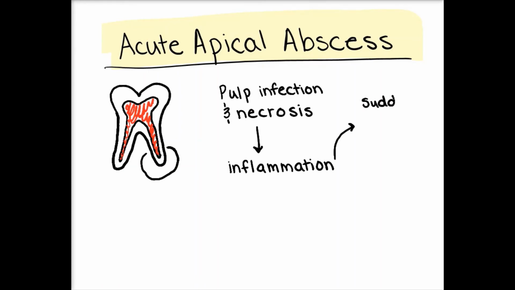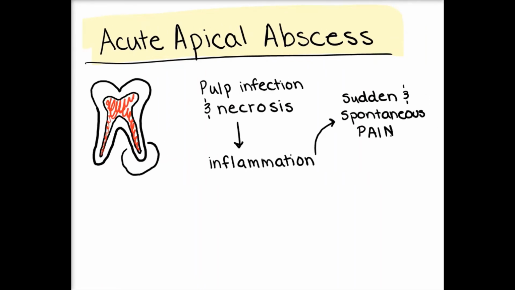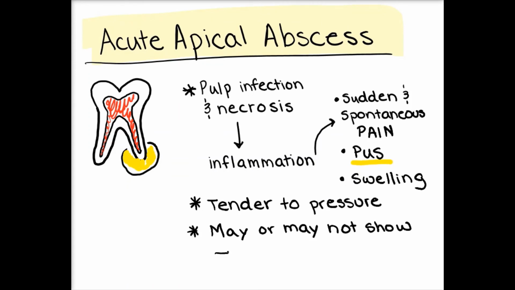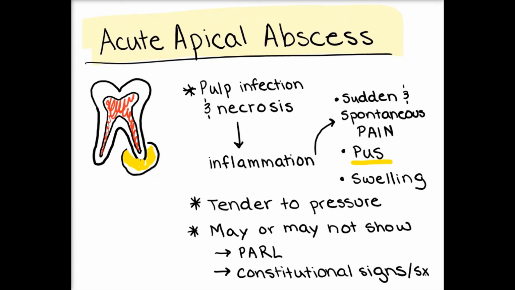This brings about sudden and spontaneous pain, as well as pus formation and swelling of the associated tissues. This type of tooth will be very tender to pressure, and it may or may not show radiographic signs like a periapical radiolucency or constitutional signs like fever, malaise, lymphadenopathy, etc.